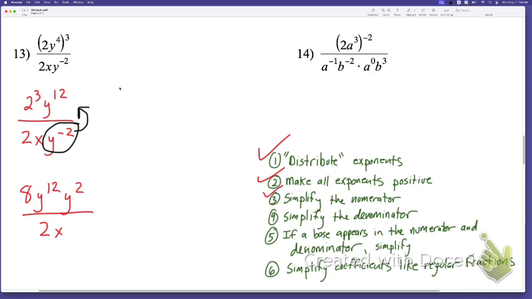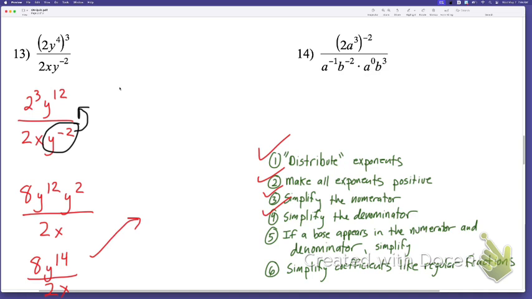Simplify the numerator. Okay, so I can simplify here. I can rewrite this as 8y to the 14th over 2x. The denominator I cannot simplify. If a base appears in the numerator and the denominator, simplify.